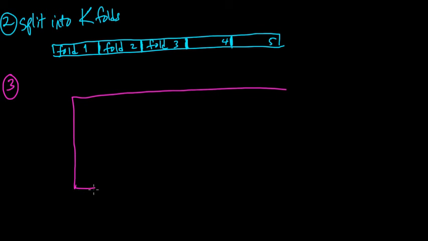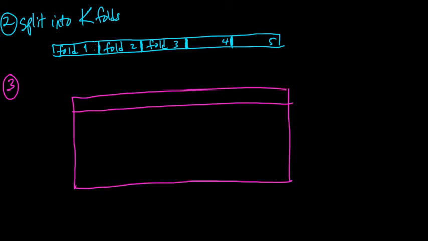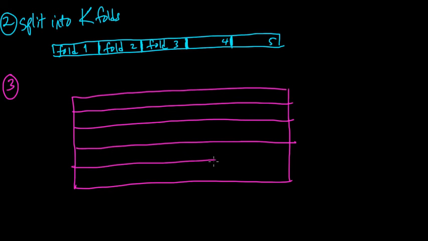Each row in the matrix is, notionally, just for visualization purposes, a copy of these 100 points. And we split it, so I can go ahead and draw the different folds.